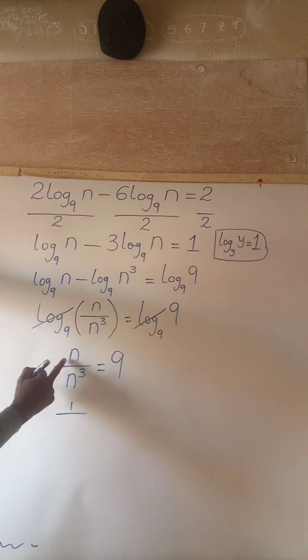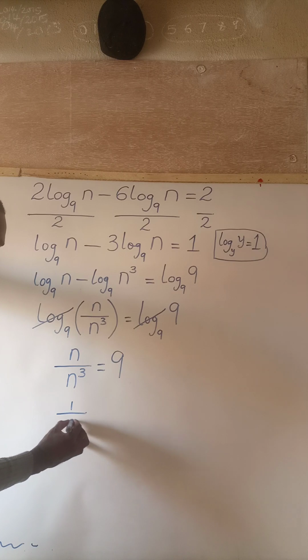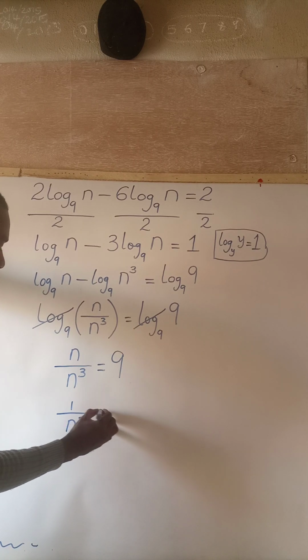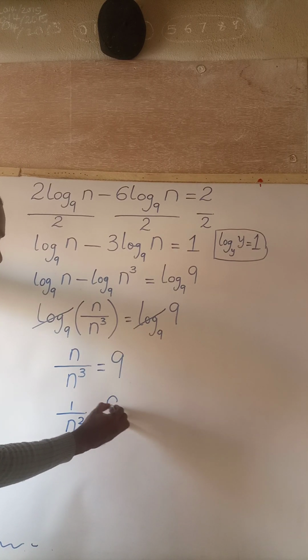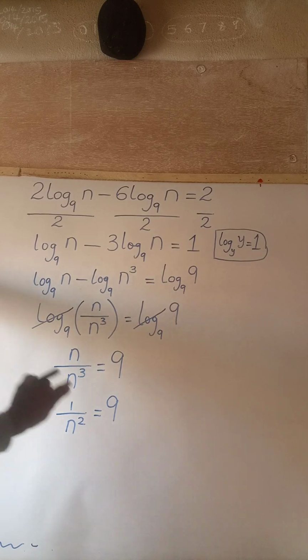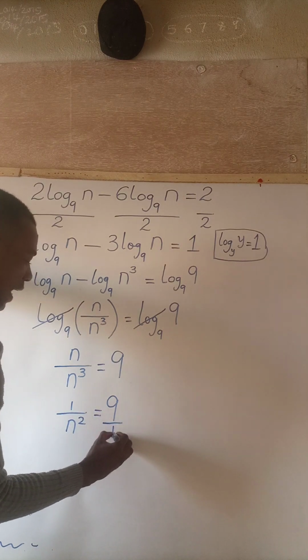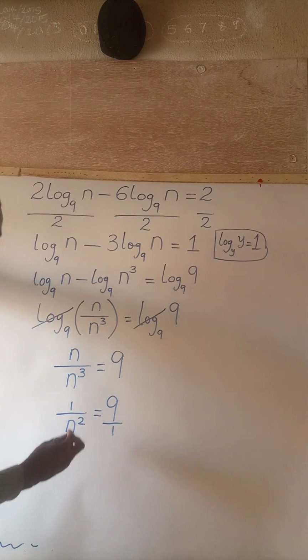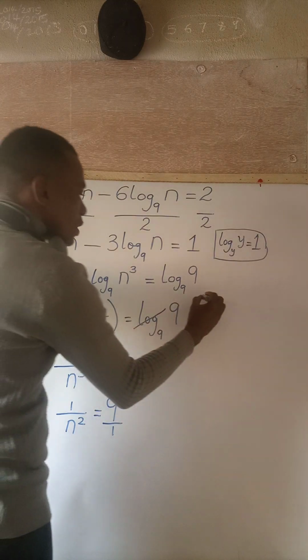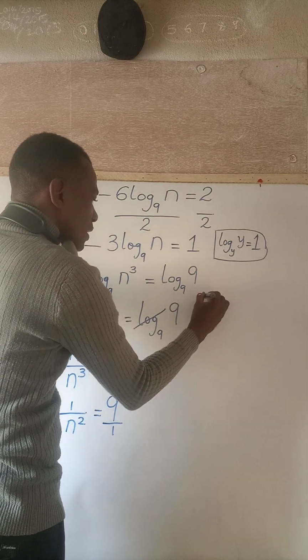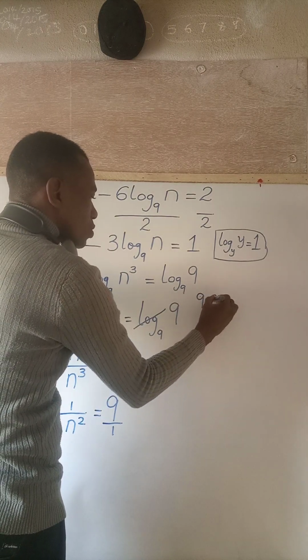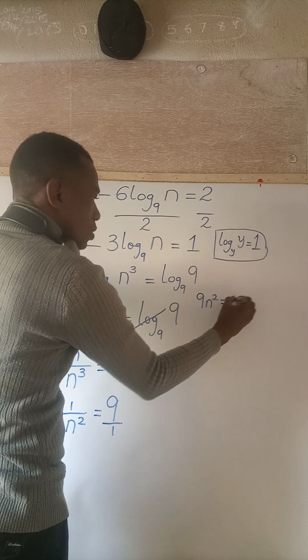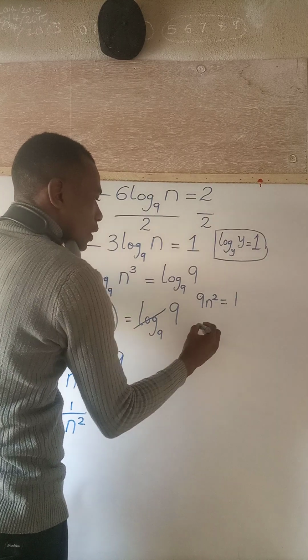Now, n divided by n power 3 will give us 1 over n power 2, which is equal to 9. Now, when we cross multiply, we will have 9 n power 2 is equal to 1.